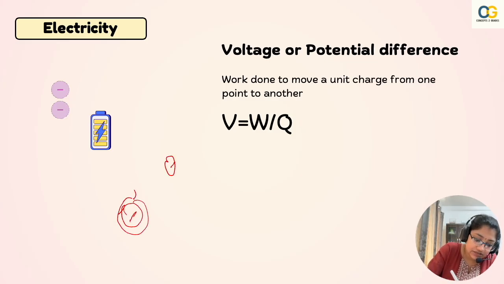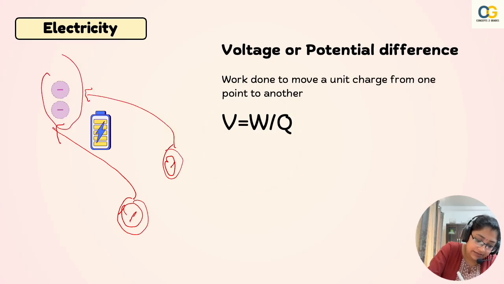I take each charge and start moving it to one location. I have a collection of charge here. So this collection of charge creates a potential difference between 2 points. That is why it is called potential difference. And this is given by V, which is work done per charge. You'll learn more about electrostatic charges in your class 12th. It's a very interesting chapter, and you'll learn clearly what moving of a charge and all of that mean.